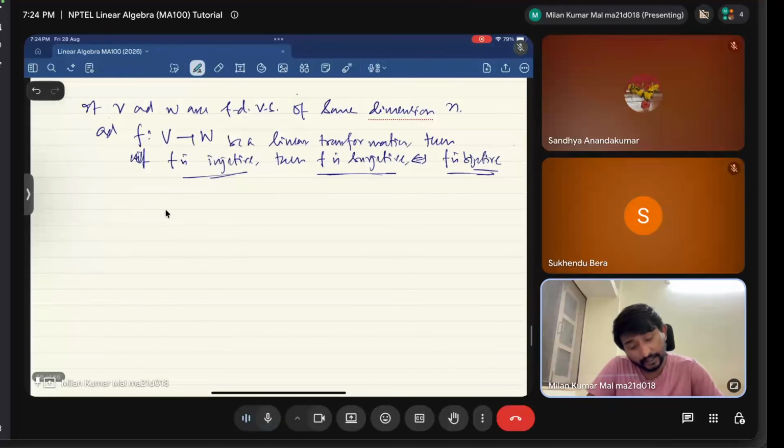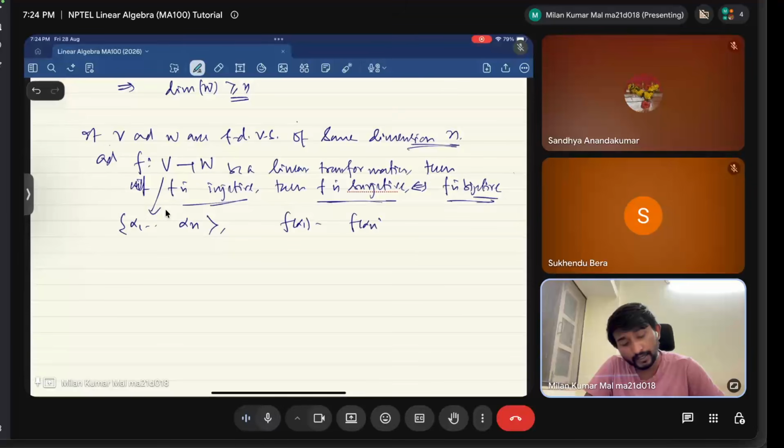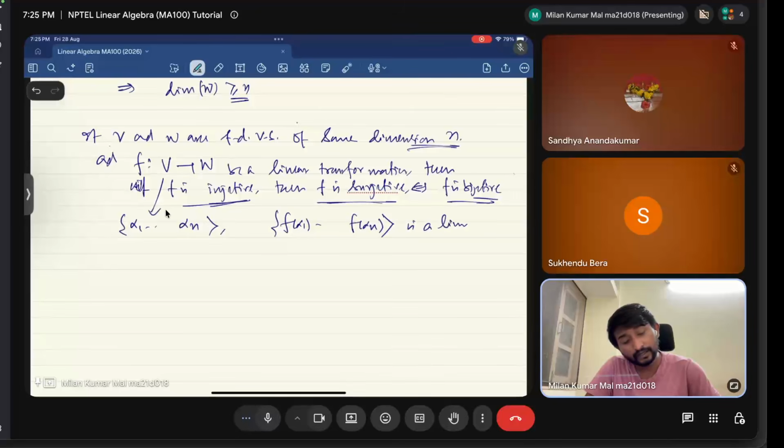And another fact is that then V and W are isomorphic. Why? When V and W have the same dimension, in that situation only. Because as I have said, if V has a basis, let's take alpha 1, alpha 2, up to alpha n, then f of alpha 1 all the way to f of alpha n is a linearly independent set, because f is injective.